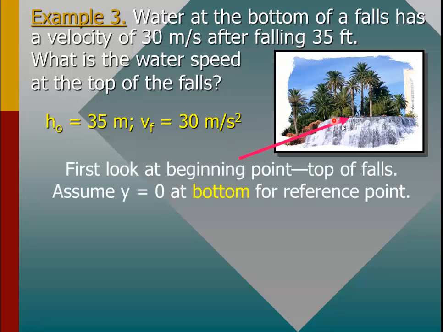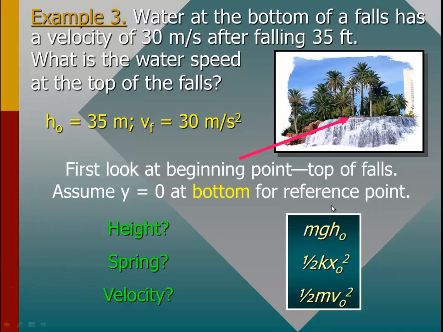So at the beginning up here, it has nothing but potential energy. We're going to assume that the height at the bottom is 0. So we have the height, 35 meters, and we want to find the initial velocity.